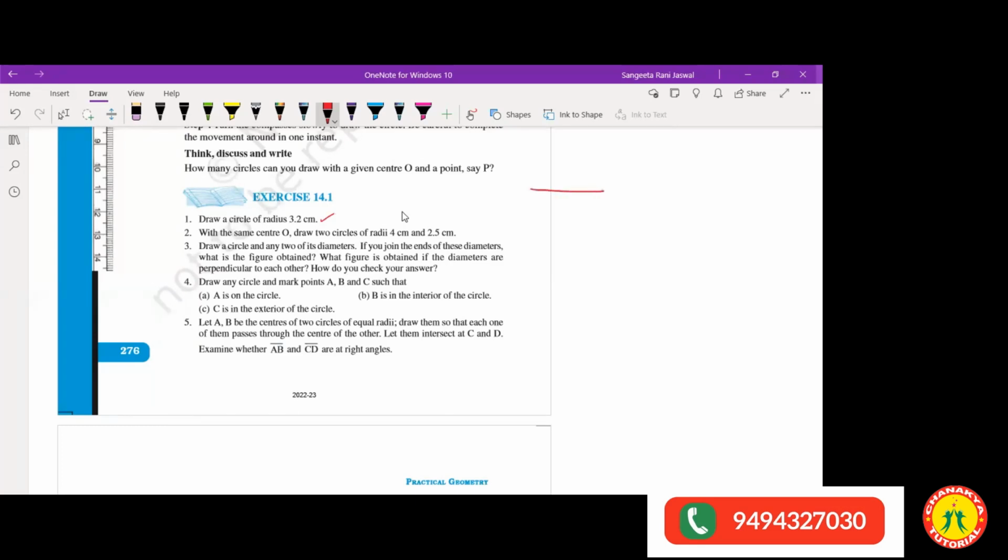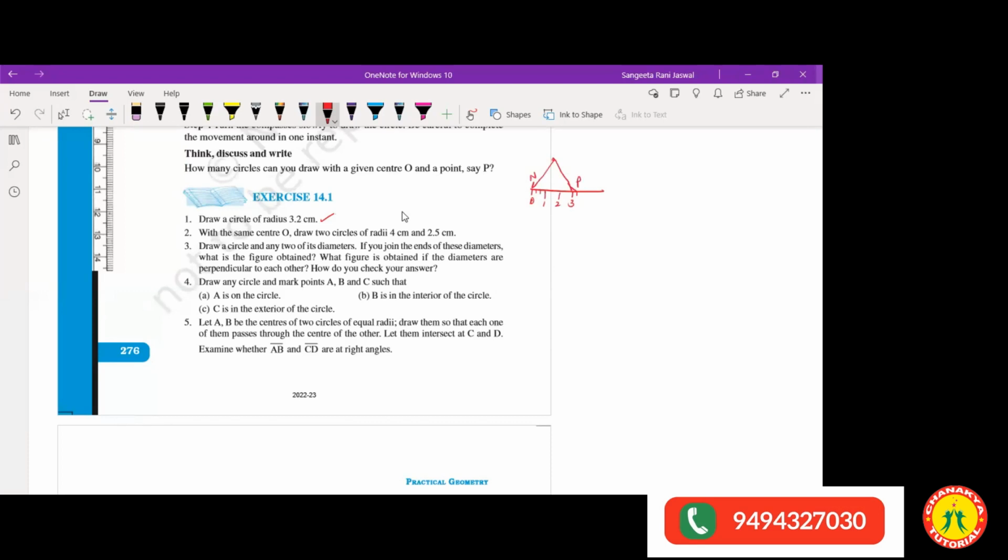With your compass and a pencil fixed in the compass, on the ruler, please measure 3.2. Okay, so suppose here you have 3, then your 3.2, just measure it with the compass. Keep the compass needle here. This is the needle. Keep the pencil here at 3.2. P for pencil.